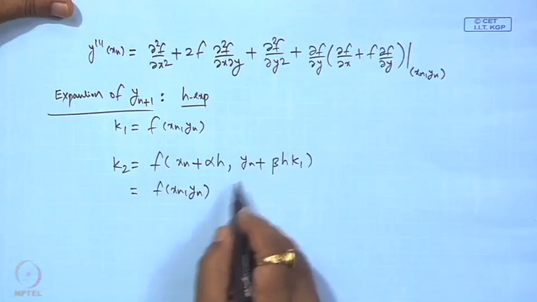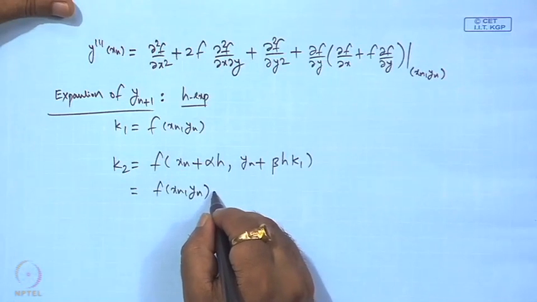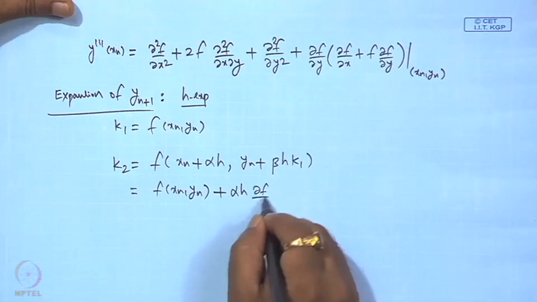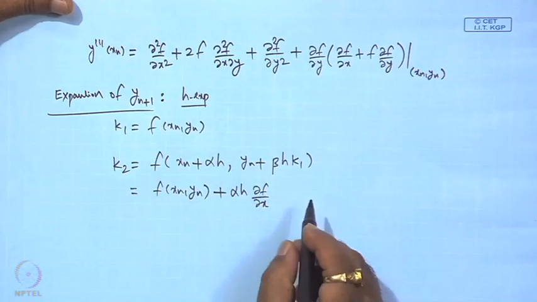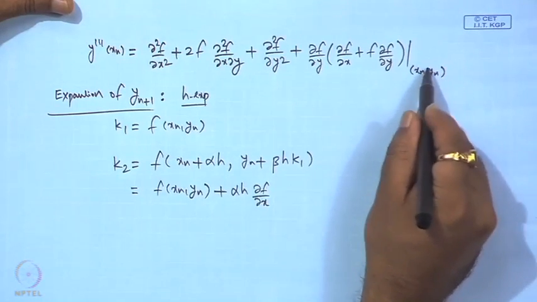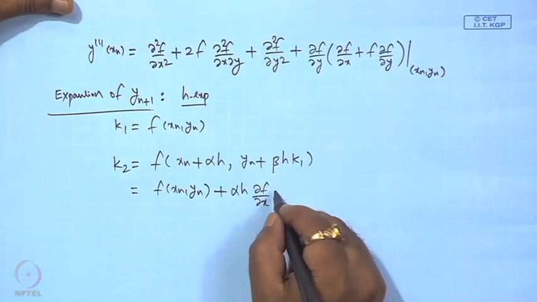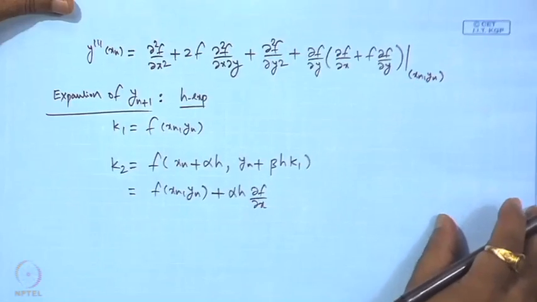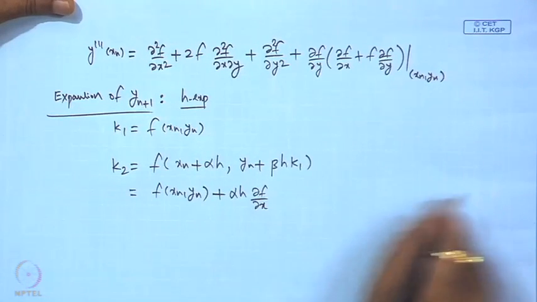So, we have to expand this: plus alpha h with respect to this variable. So, I am not writing the evaluation point, so it is understood. At each step I have to write it, but one can use a generalized notation.